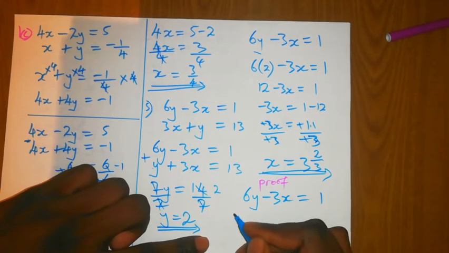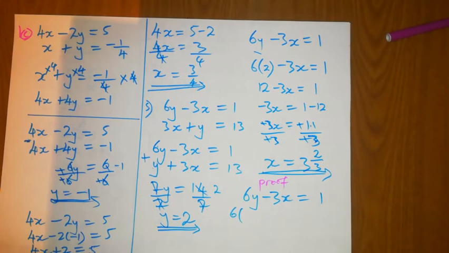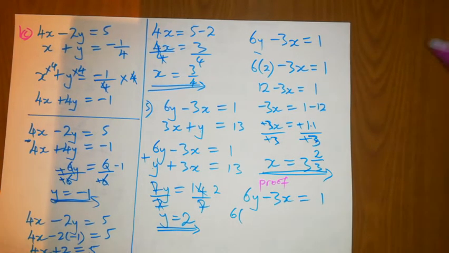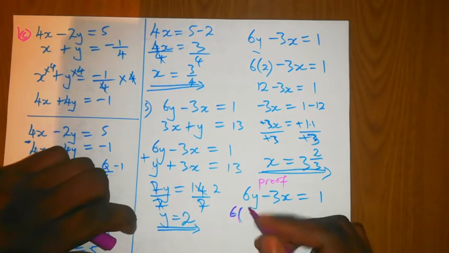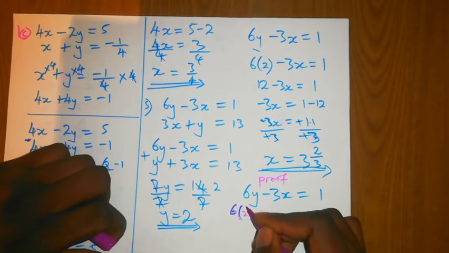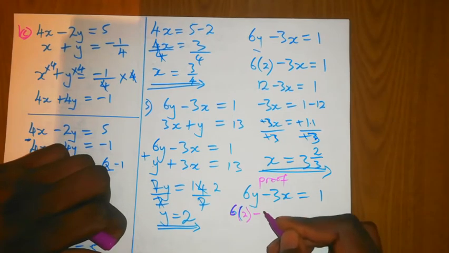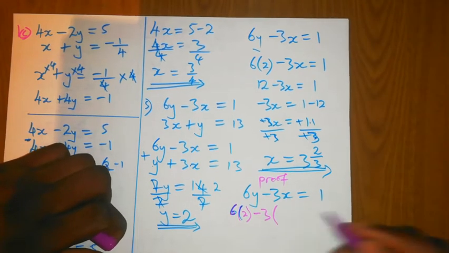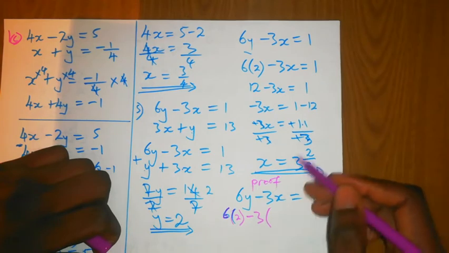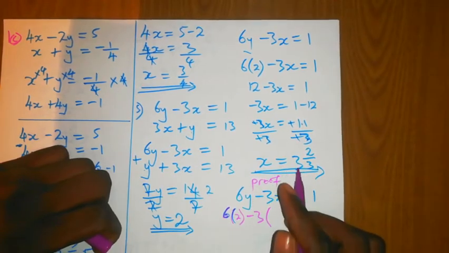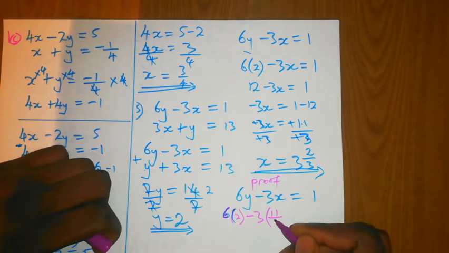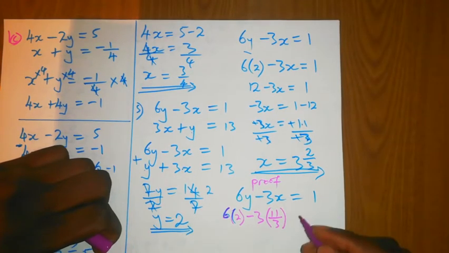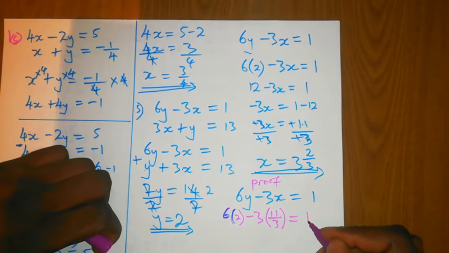It's now 6 times 2 minus 3 bracket. Let me write this one after I have converted it into a mixed number, 11 over 3, is equal to 1.